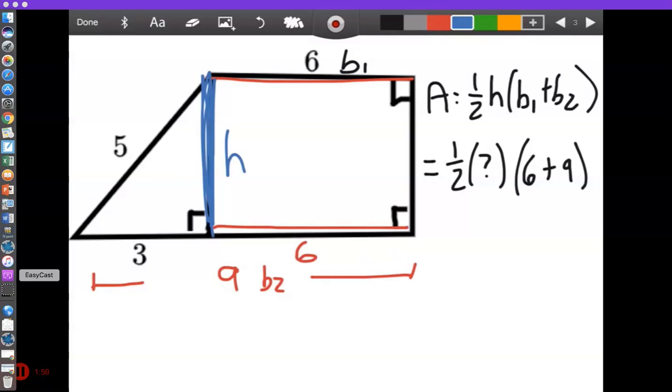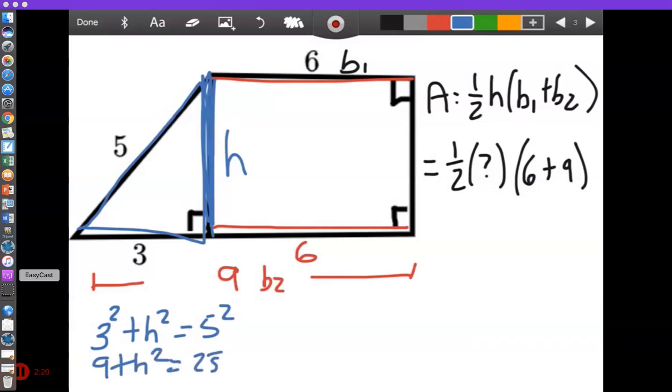This one's Pythagorean theorem. If I want to find h right here, I have a right triangle over here, which means I can find h by doing 3 squared plus h squared equals 5 squared, since 5 is the hypotenuse. That's 9 plus h squared equals 25, or if I subtract 9 from both sides, then h squared equals 16.